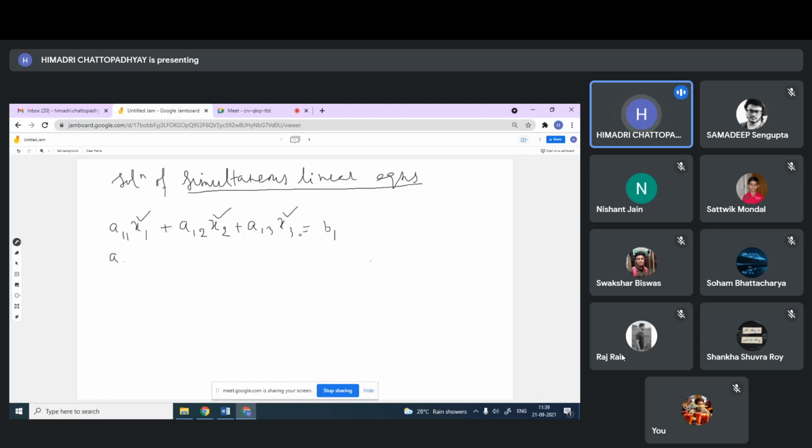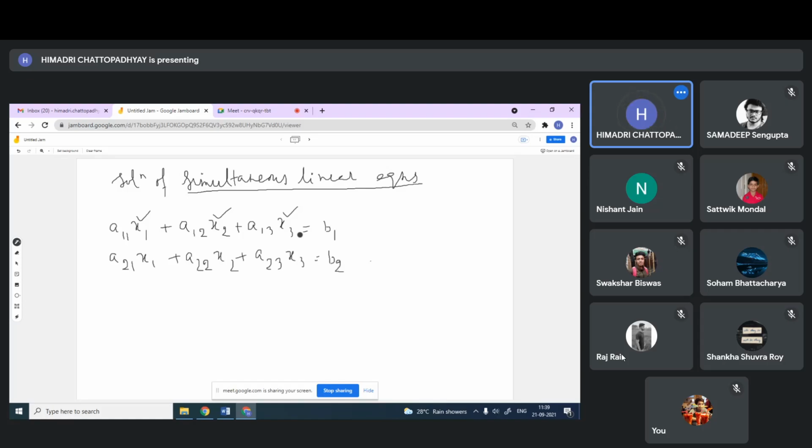So the second equation is second row, first column, x1, second row, second column, x2, second row, third column, x3 is equal to b2. So in other words, there are three equations because there are three unknowns and will form a matrix.